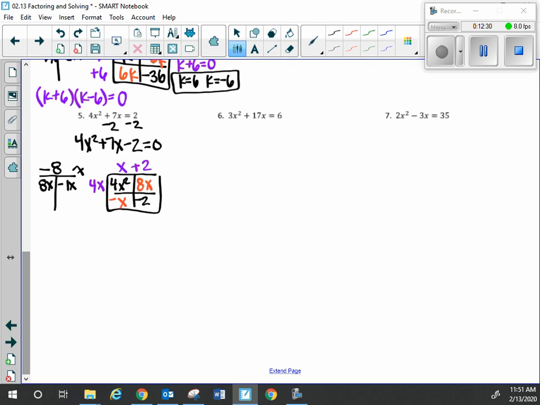Negative x and negative 2, the factor is negative 1. Very good. So, 4x minus 1 times x plus 2 equals what? 0.